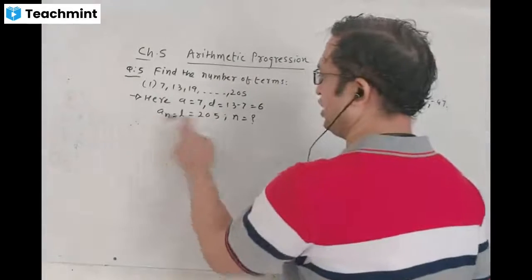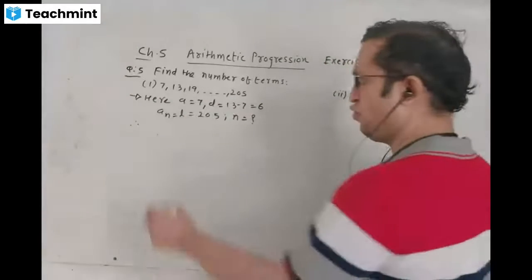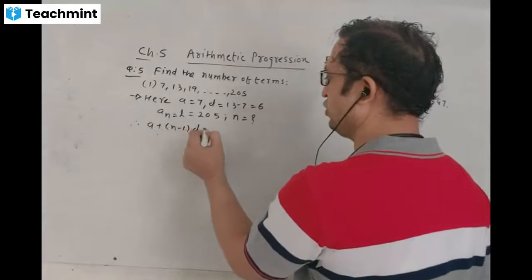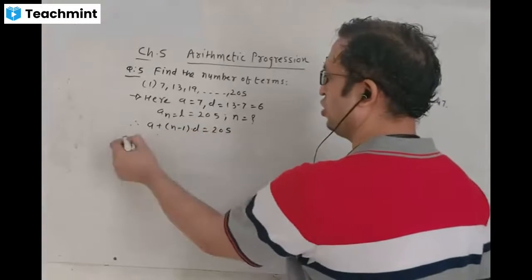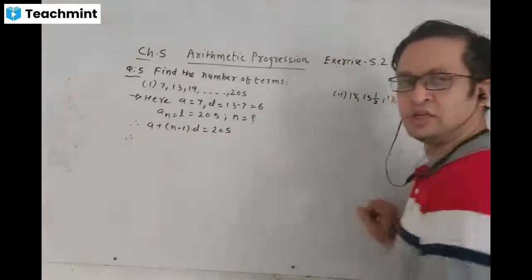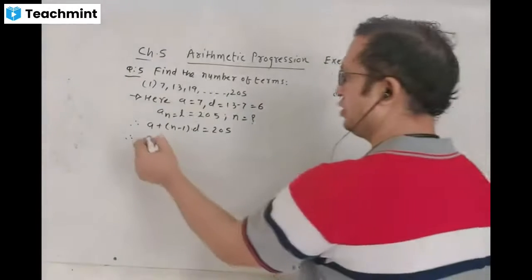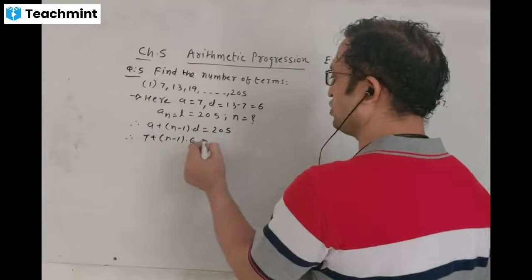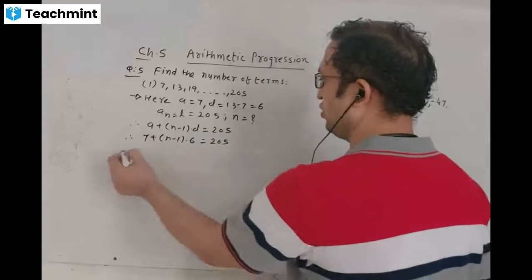Put this value AN is equal to 205. Formula of AN, A plus N minus 1 into D is equal to 205. What is A? A is equal to 7 plus N minus 1 into D. D is equal to 6, that is equal to 205.